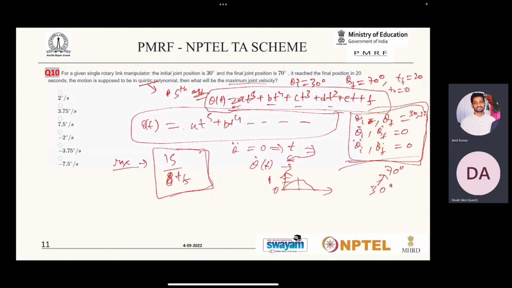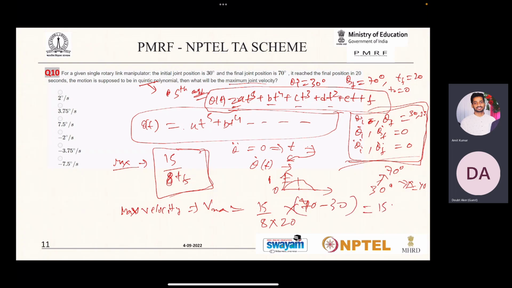So this difference is 1 there, and here this delta is 40 degrees, so you have to multiply that with 40. So V max is 15 by 8 into TF, where TF is 20, into 70 minus 30, the scaling.